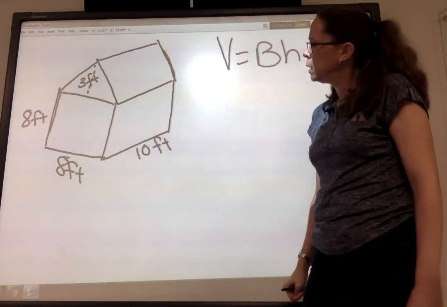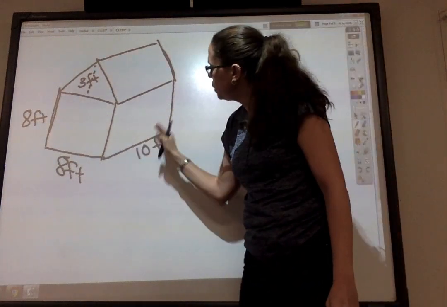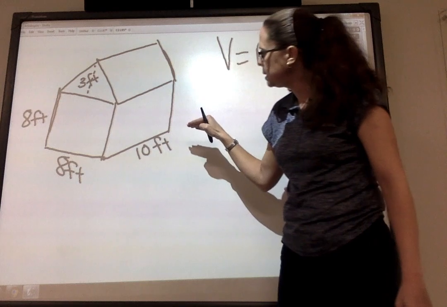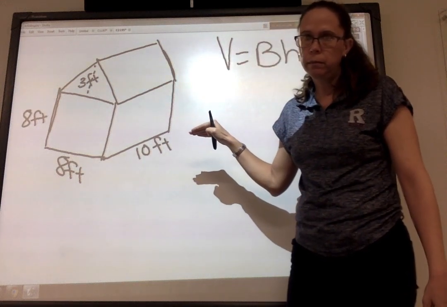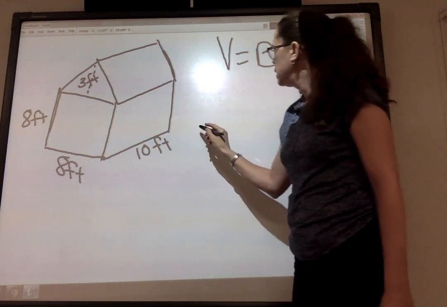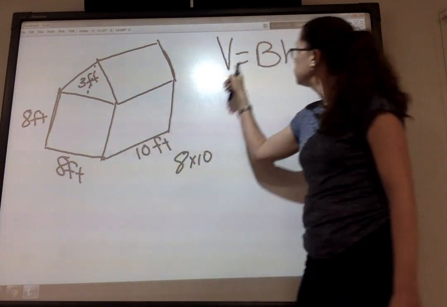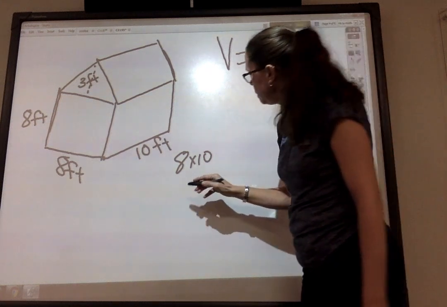I still have to do area of the base times the height. Well, the base of my figure measures 8 by 10, right? Area of the base, length times width, 8 times 10. So 8 times 10 gives me capital B, that's 80.